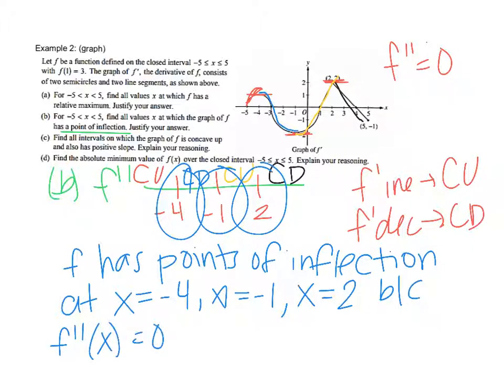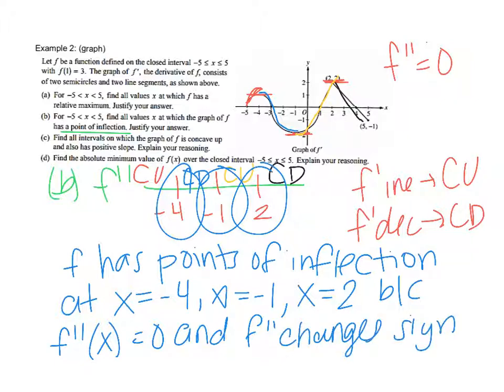First, show why it's a point of inflection, and f double prime changes sign. You could also say that f prime changes from increasing to decreasing, or vice versa, or that f double prime changes its sign or concavity. All right, let's do part C.